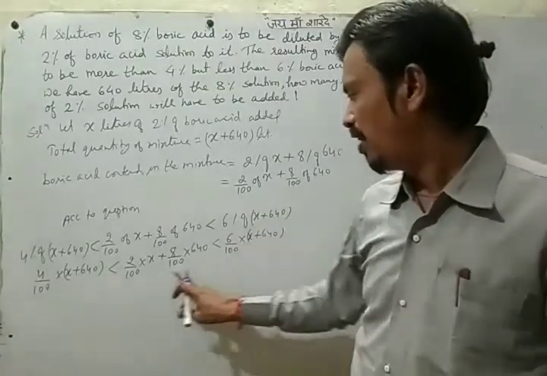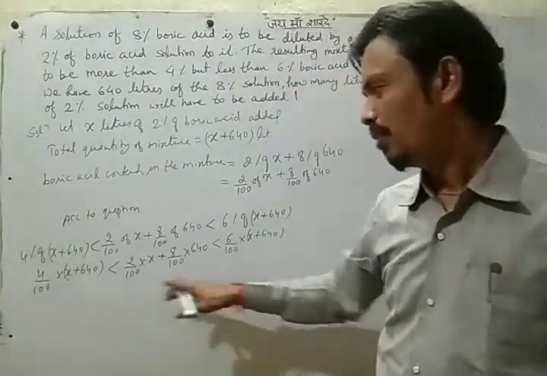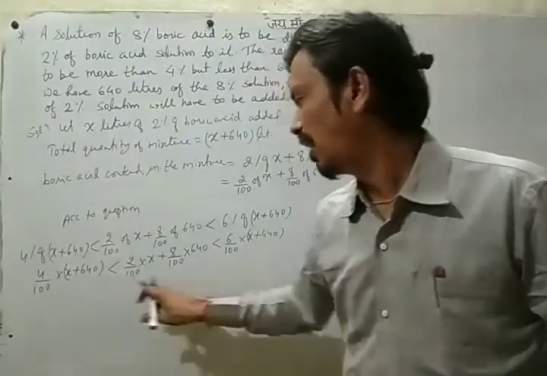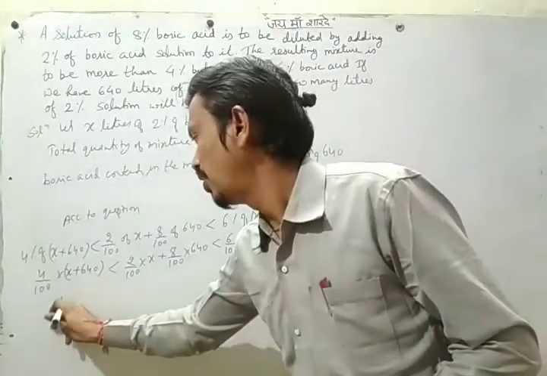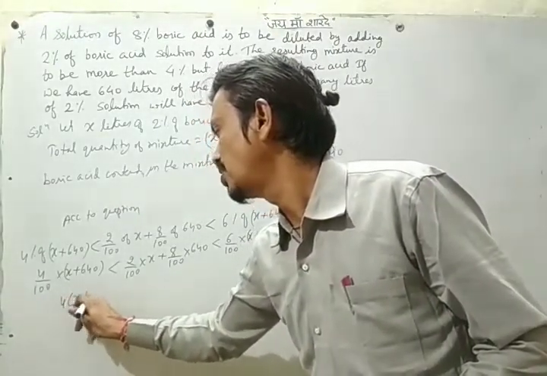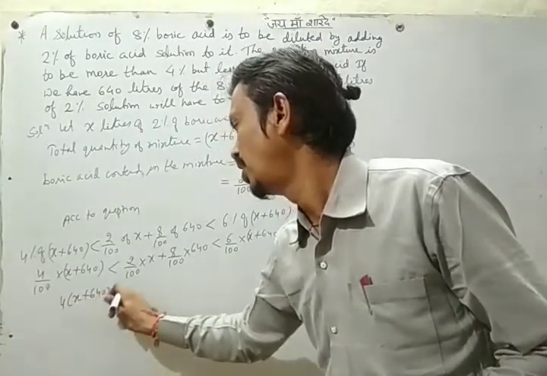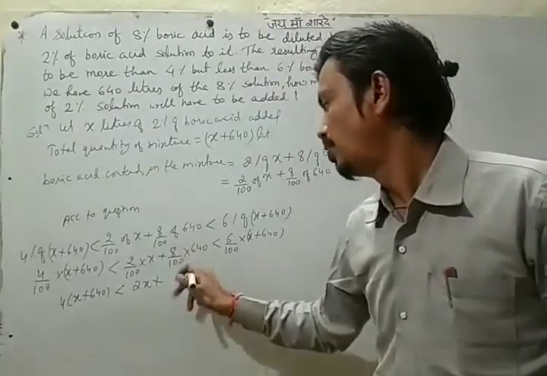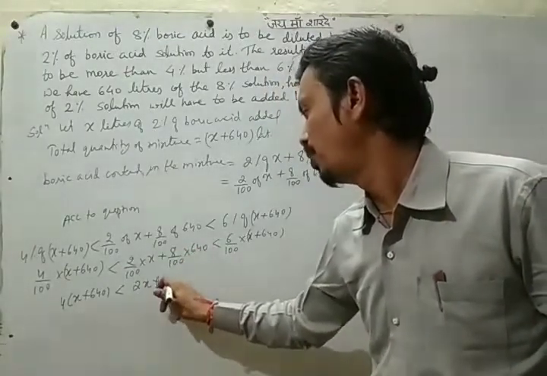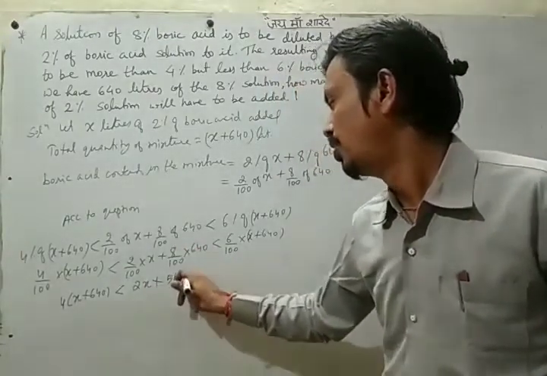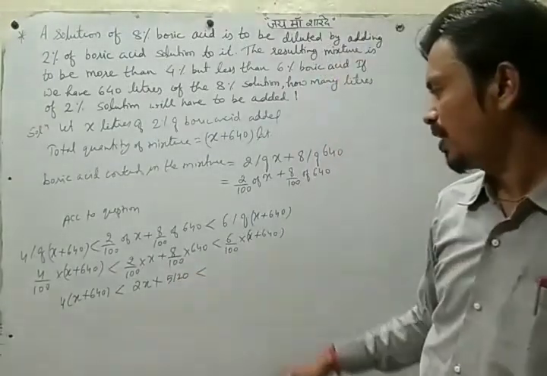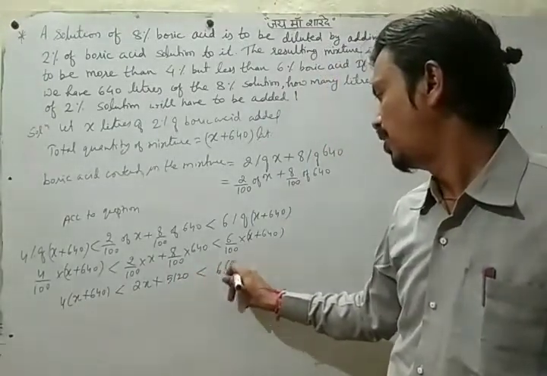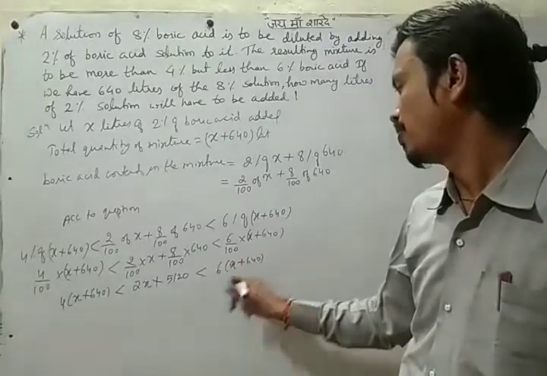Now each side we have the denominator 100, so multiply by 100, and 100 will cancel out from each term. Then we have here 4 into x plus 640 is less than 2x plus 8 into 640, which is 5120, is less than 6 into x plus 640.